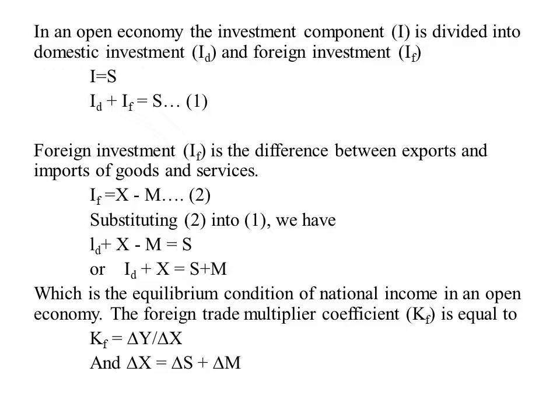The foreign trade multiplier coefficient, that is KF, is equal to delta Y by delta X, that is change in income as a result of change in exports. And delta X equals delta S plus delta M, change in saving plus change in imports.